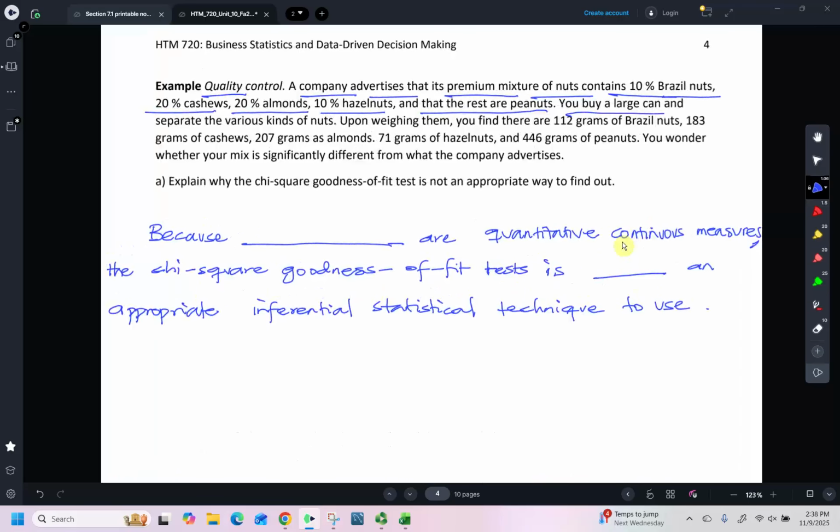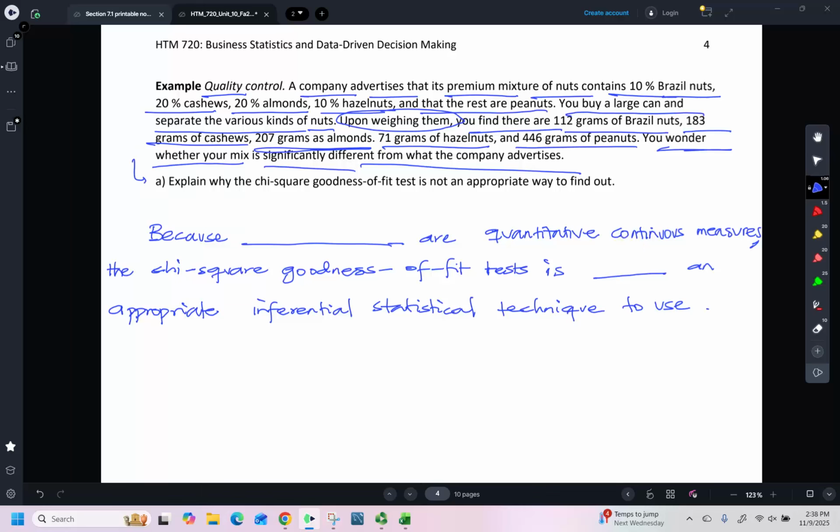You buy a large can and separate the various kinds of nuts. Upon weighing them, you find that there are 112 grams of Brazil nuts, 183 grams of cashews, 207 grams of almonds, 71 grams of hazelnuts, and 446 grams of peanuts. You wonder whether your mix is significantly different from what the company advertises.